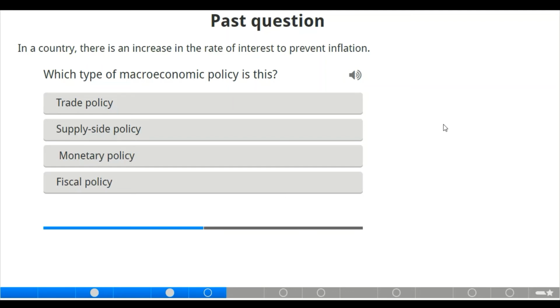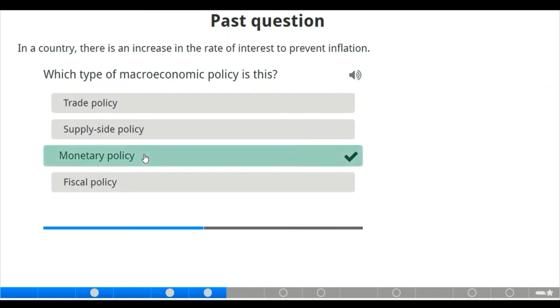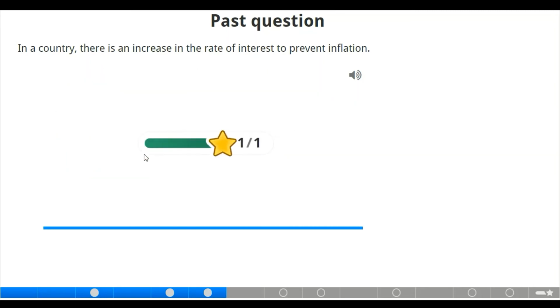When there is an increase in the rate of interest, what type of macroeconomic policy should that be? It should be monetary policy, because we are dealing with the rate of interest and money supply in monetary policy. Now we move to the next slide.